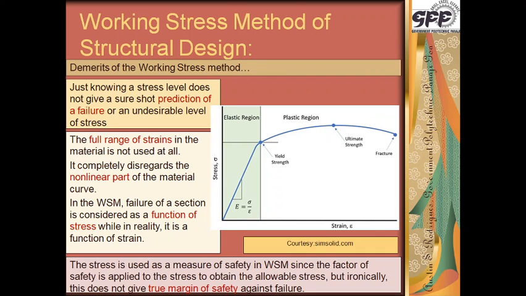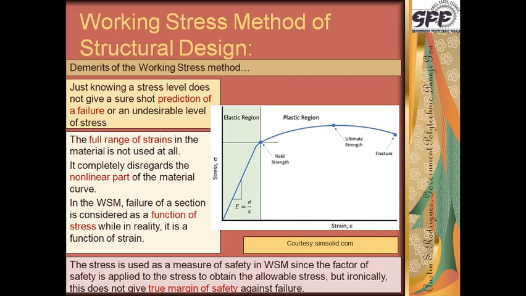But that does not ensure that failure would be occurring only at this level. No, just knowing the stress level of 5 Newton per mm square or it being increased due to the increased loads cannot give me a prediction of a failure. I cannot be sure that failure would occur or would not occur at a particular stress level.